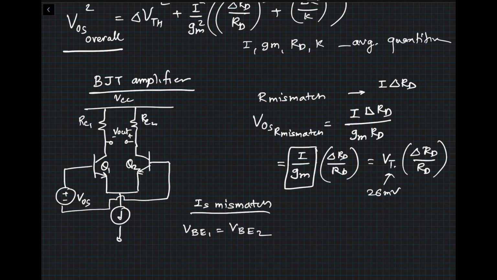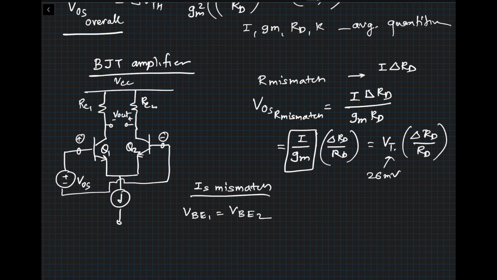Okay, so first we will assume that I'm applying the same voltage at the input, and let's assume that Q1 has IS1, Q2 has IS2. Since I'm shorting the two inputs, which is this plus and minus, to calculate the offset, you can say VBE1 equals VBE2.